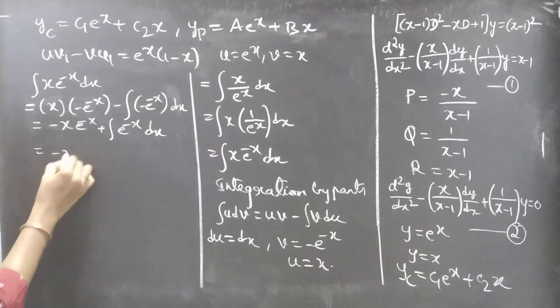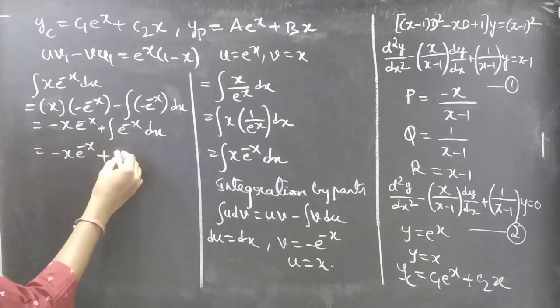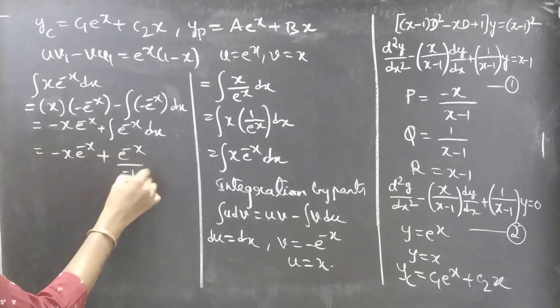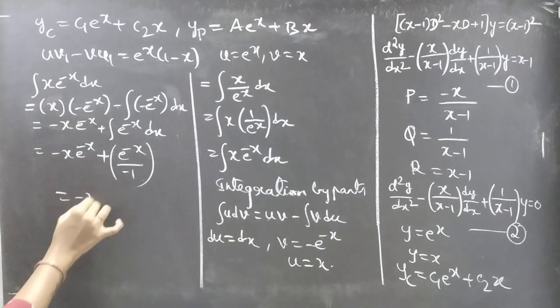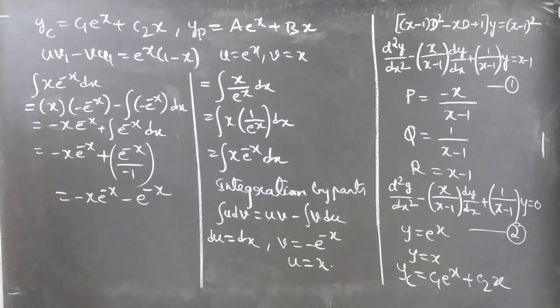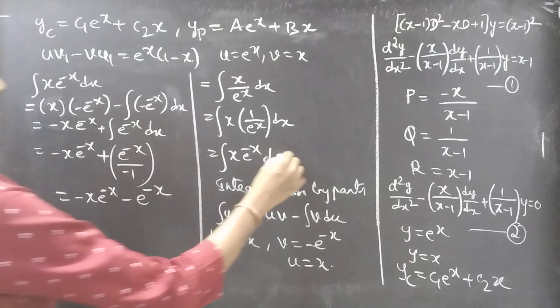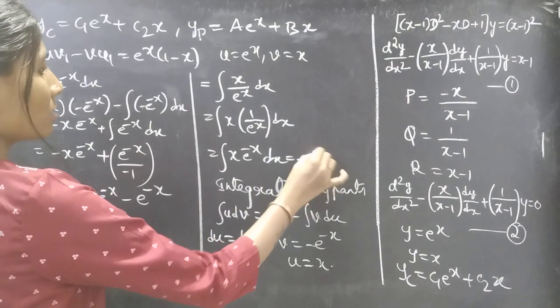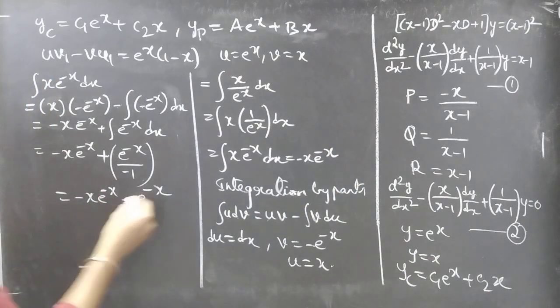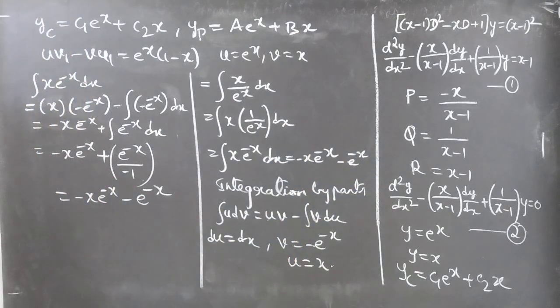This equals minus x e power minus x plus integral e power minus x dx, which is e power minus x by minus 1, which equals minus x e power minus x minus e power minus x. So integral x e power minus x dx is minus x e power minus x minus e power minus x.